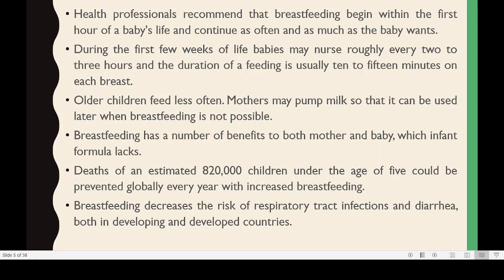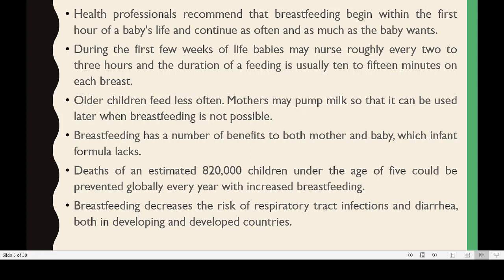That is approximate, to give you an idea, because they need more milk during that time, and the duration of feeding is usually 10 to 15 minutes. Older children feed less often because they are feeding on other kinds of semi-solid food, so they don't need mother's milk so many times.